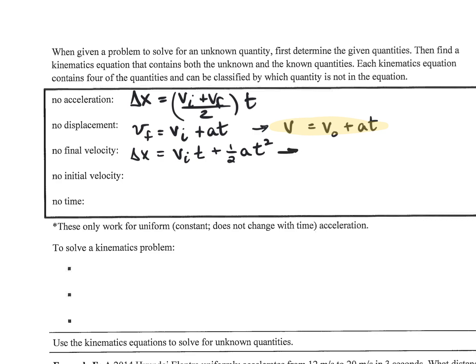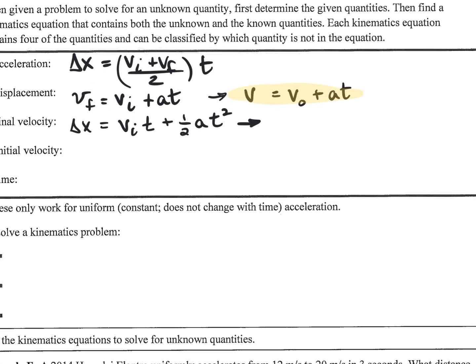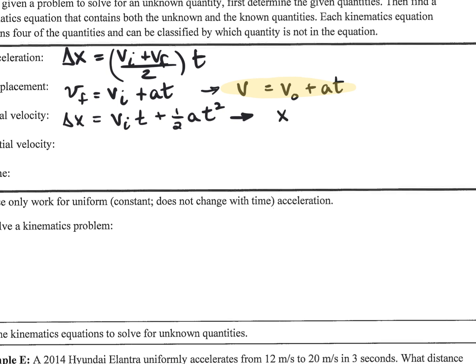Now that is not how your formula sheet writes it. Your formula sheet writes it this way: x final equals where you started, x initial, plus V initial t plus 1/2 AT squared. That's what's on your formula sheet.